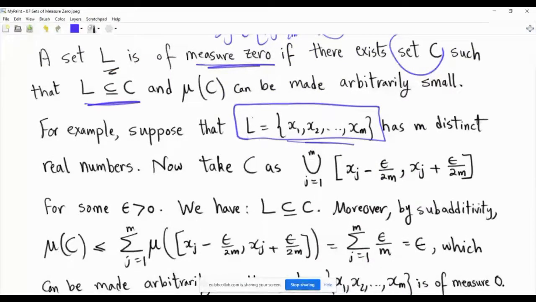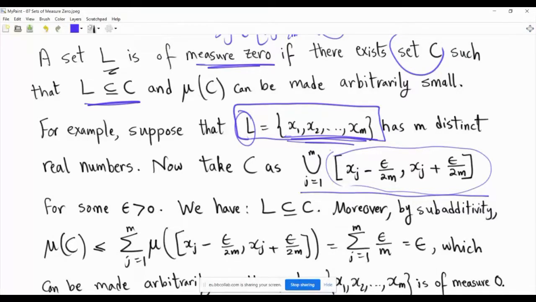So L, which is this set of m different real numbers, is a subset of this union of intervals. Each interval in this union is centered about xj, and goes from xj minus epsilon over 2m to xj plus epsilon over 2m, where epsilon is some arbitrary positive real number.